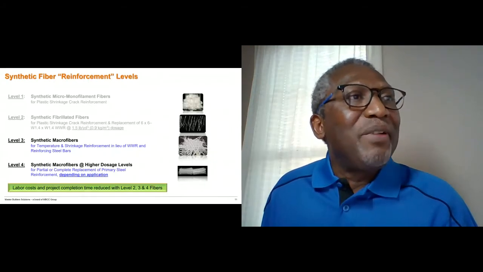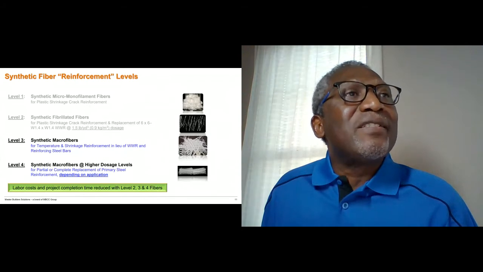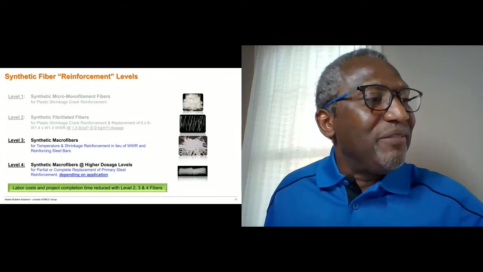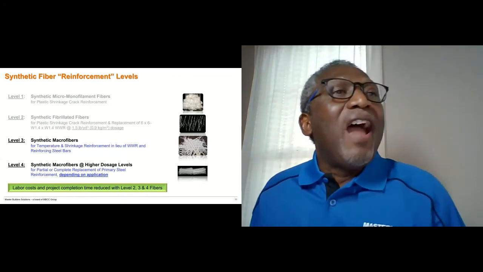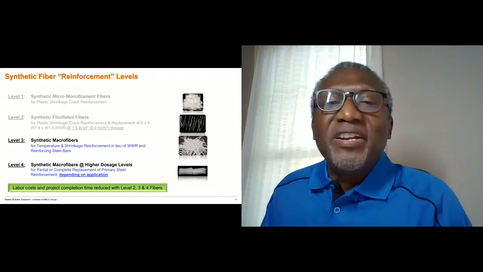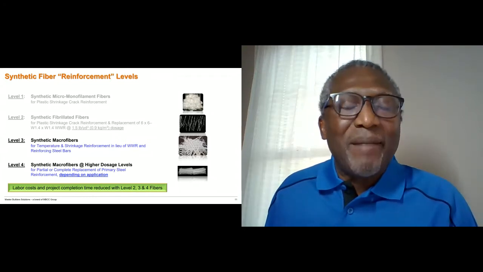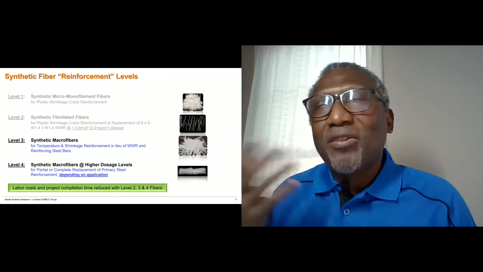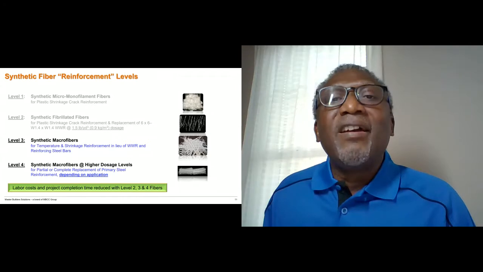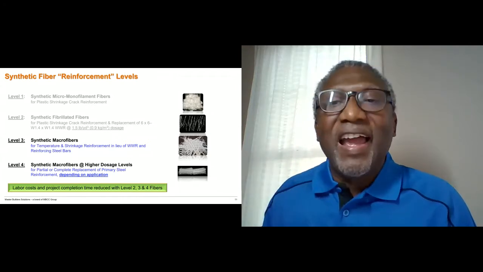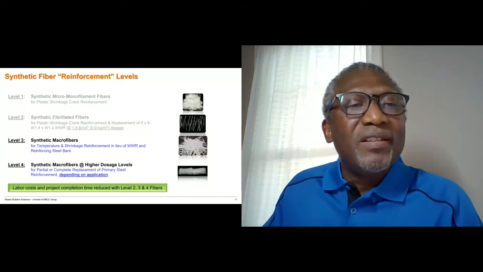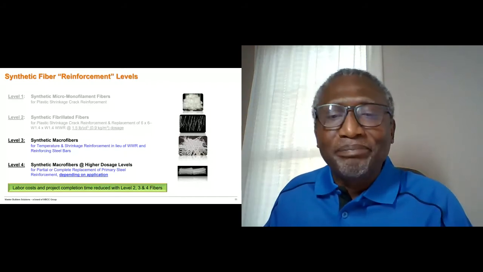The level 4 fibers are some of these same fibers that can be used at a higher dosage level for the purposes of either partial or complete replacement of primary steel reinforcement, depending on the specific application. So in situations such as concrete pipe, or sometimes in some septic tanks and so on, all of the steel, depending on the specific size and wall thicknesses, can be replaced using some of these synthetic macrofibers.